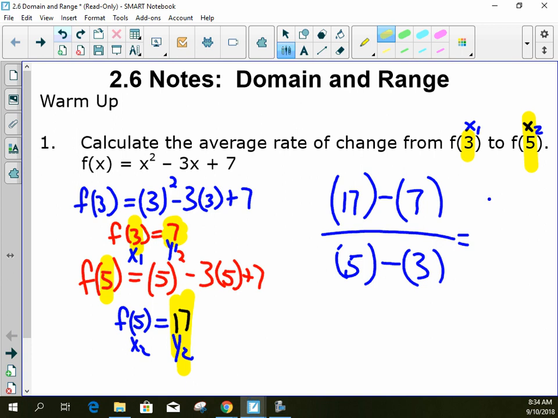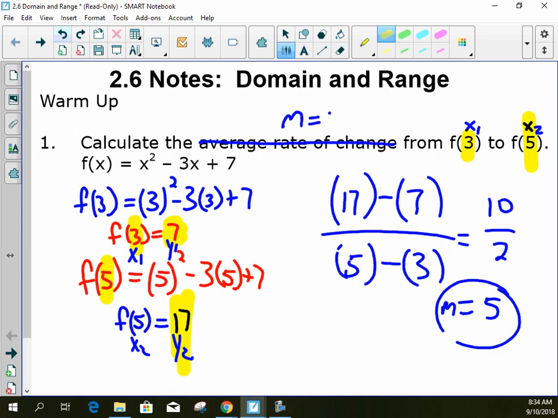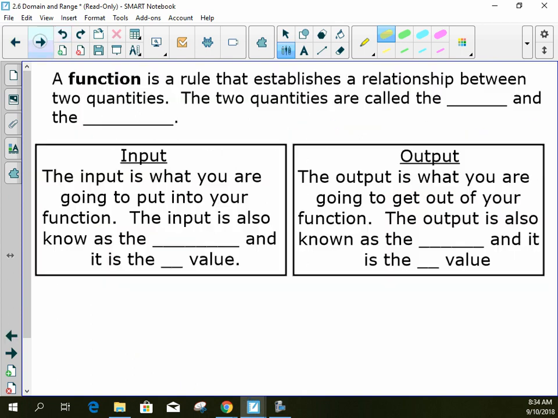So this now becomes 10 over 2, which equals 5. My rate of change is 5. Now, another way to say rate of change is slope. M equals slope. So if you want to identify it as M, that's fine. Okay. Here we go.